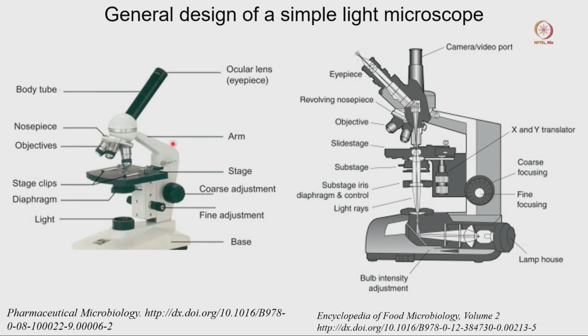In the same way, we have three different objective lenses, and based on the magnification required, we can change the objective lens. Here we have the focusing knob, which we can use for coarse and fine focusing, and there are another two knobs which we use as X and Y translators. So we can move the specimen to different positions.